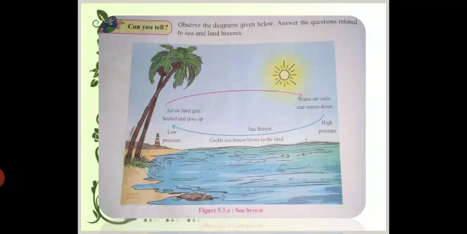Whereas over the water, high pressure will form because of the colder air. The winds blow from high pressure over the ocean to the low pressure over the land. Hence, this causes the sea breeze during the day.